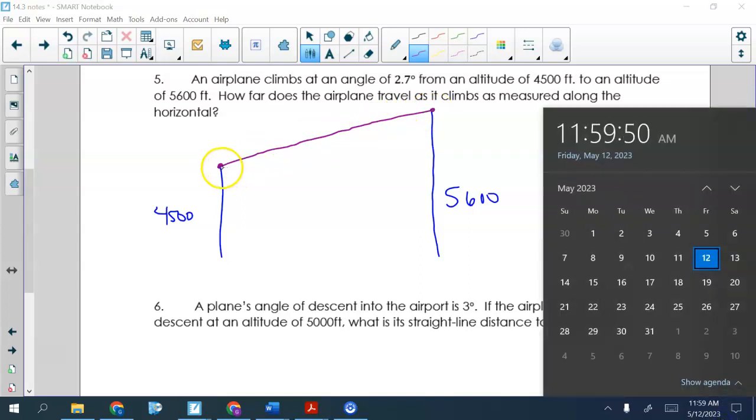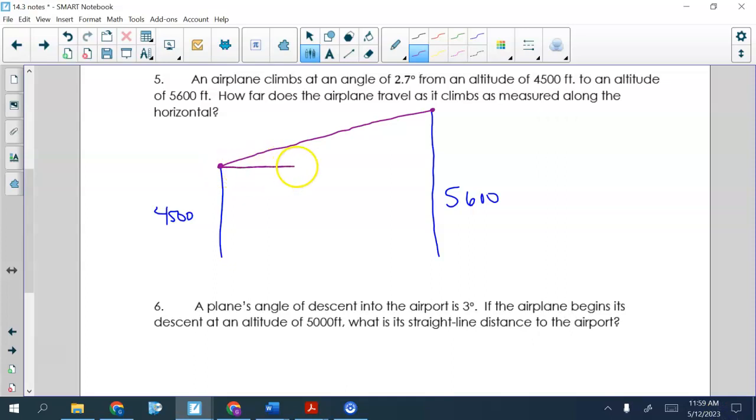Okay, so it was traveling at an angle of elevation of 2.7 degrees. So what we're going to need to do is almost think of a fresh triangle, because we're not actually going to use the 5,600 number or the 4,500 number. We're going to use a combination of the two.